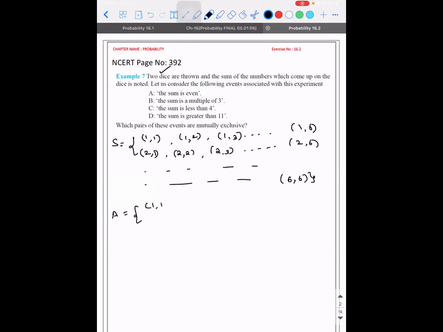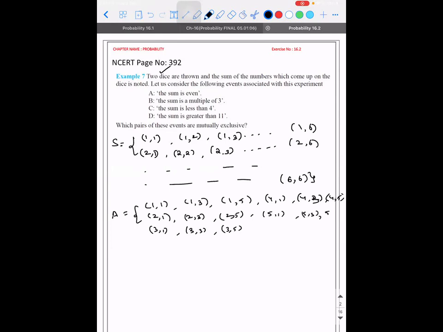So what are all the possibilities? 1,1, 1,3, 1,5. Similarly, 2,1, 2,3, 2,5. 3,1, 3,3, 3,5. Then 4,1, 4,3, 4,5. Then 5,1, 5,3, 5,5. 6,1, 6,3, 6,5.